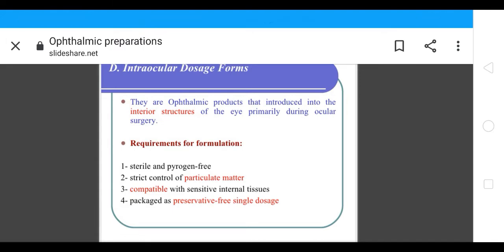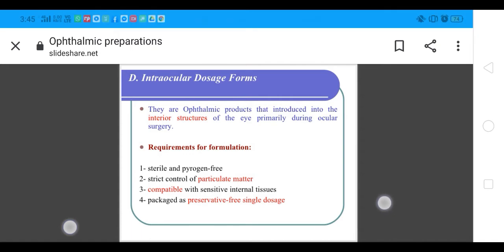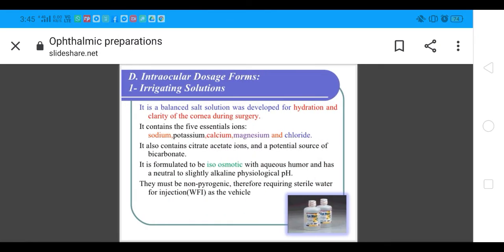They need to be sterile and pyrogen free, with strict control of particulate matter, and compatible with tissues. They should not give irritation, and should be packed as a preservative-free single dosage form because preservatives will irritate.